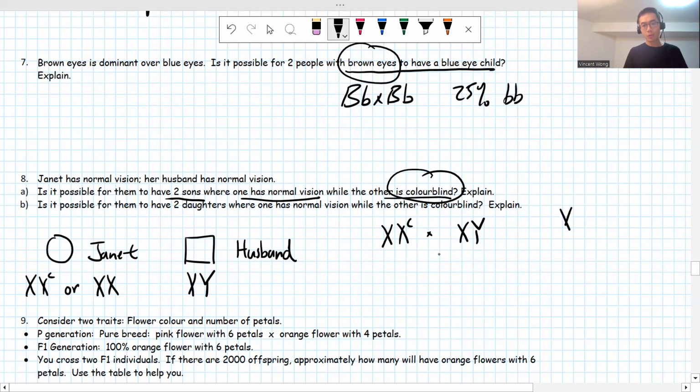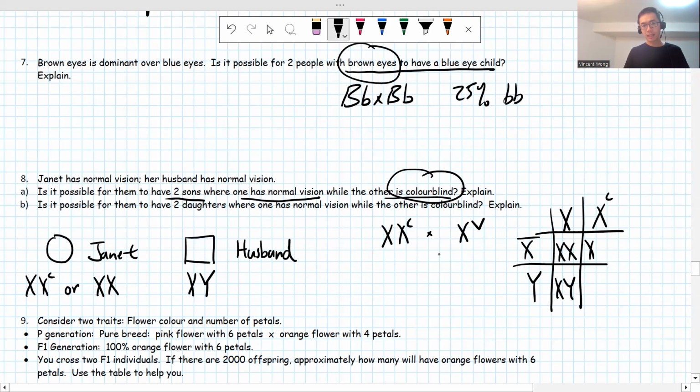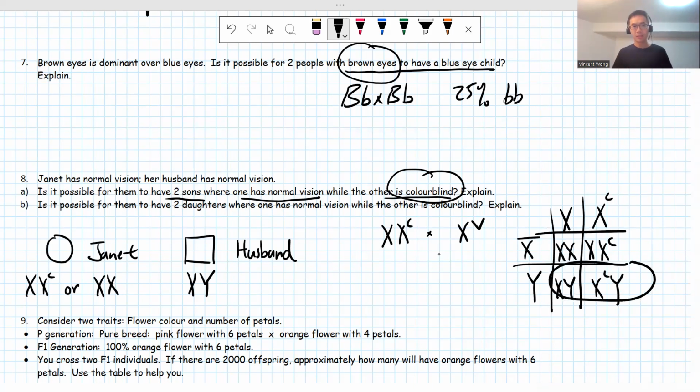If you do the Punnett square for this case, you will see XX, XY, X X^C, X^C Y. So look at the sons. It's possible. In fact, if you consider all the sons, there's a 50% chance the son is going to be colorblind and 50% chance the son is not.